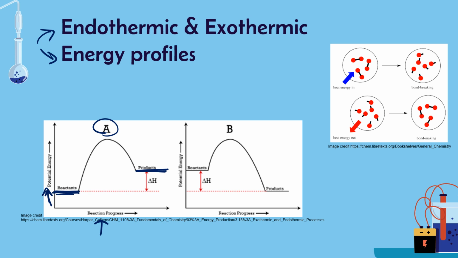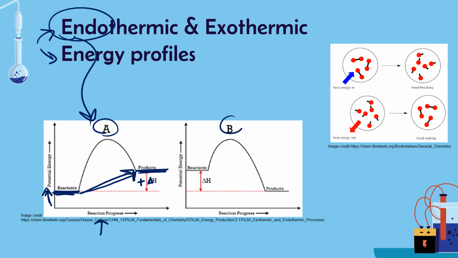Notice that my reactants have less energy than the products, which means that we had to add some energy in order to make the bonds that are in the products. Because we're adding energy, our delta H, our change in enthalpy, is going to be positive. And because our delta H is positive, this reaction is endothermic. We're going from reactants up to more energy stored in the products. That makes it an endothermic reaction.